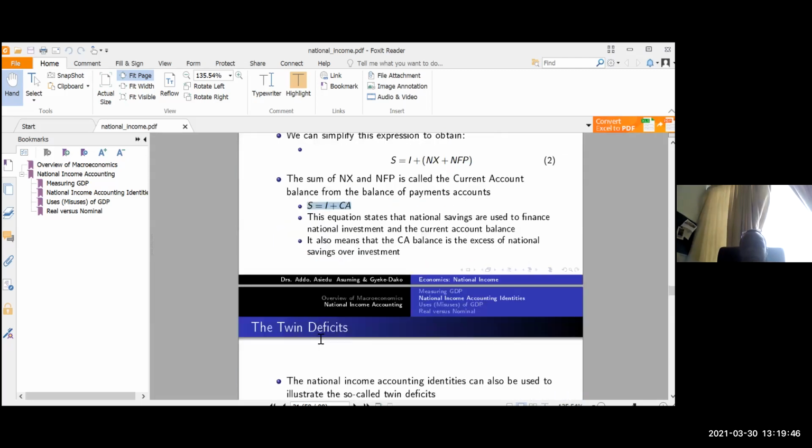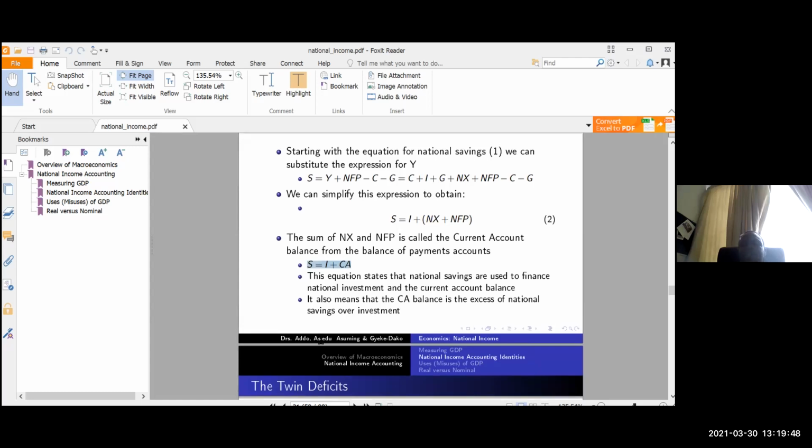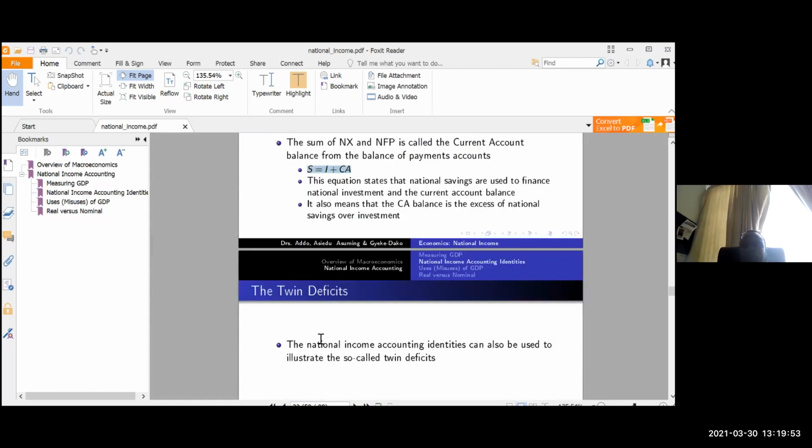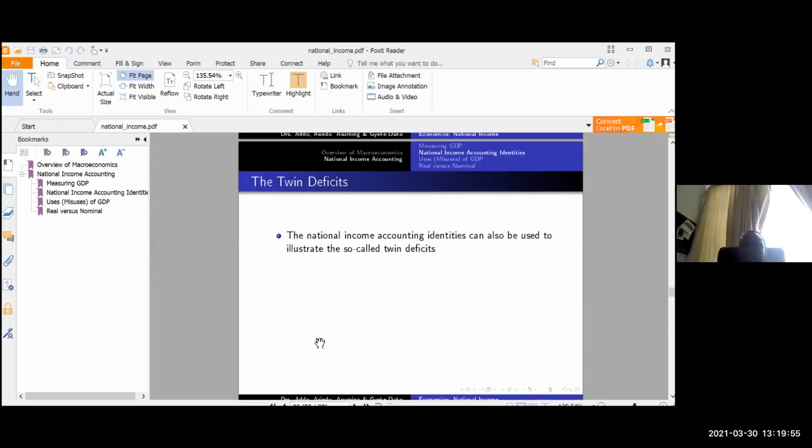Okay, so in effect, you can have deficits on two sides, and that is what we are going into, the twin deficits. You can have a deficit on the government side, and you can also have deficits on the current account side. The national income accounting identity can also be used to illustrate the so-called twin deficit problem.